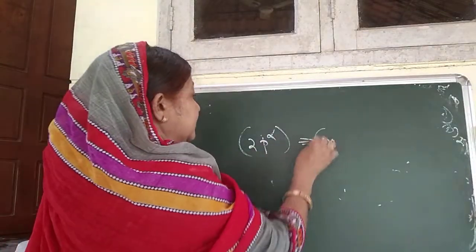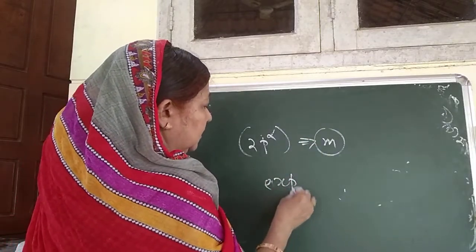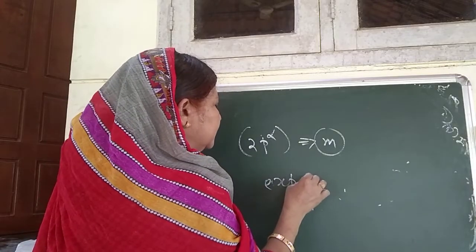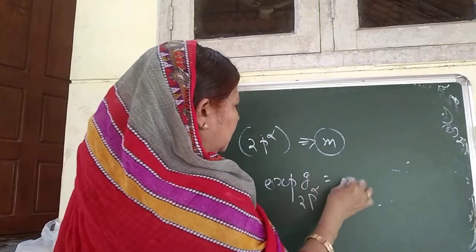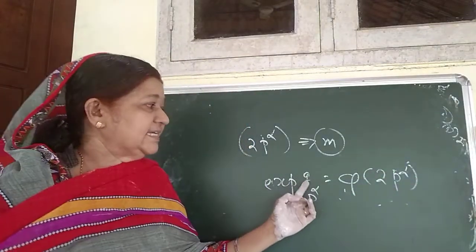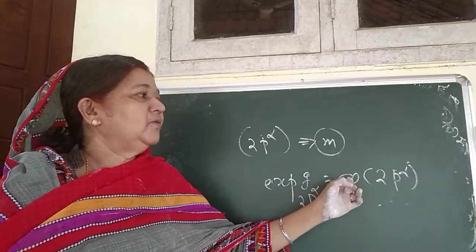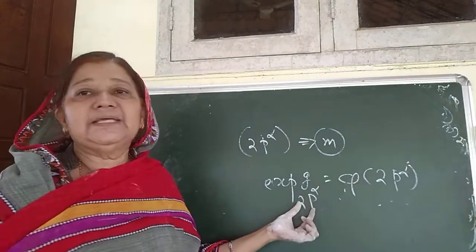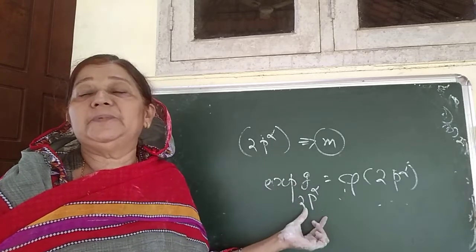If that exists, then the exponent of g for 2 p raised to alpha equals phi of 2 p raised to alpha. If there exists a g such that the exponent of g for 2 p raised to alpha equals phi of 2 p raised to alpha, then g is a primitive root for 2 p raised to alpha.